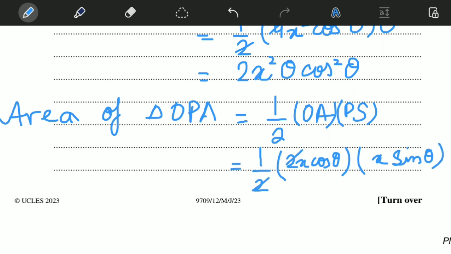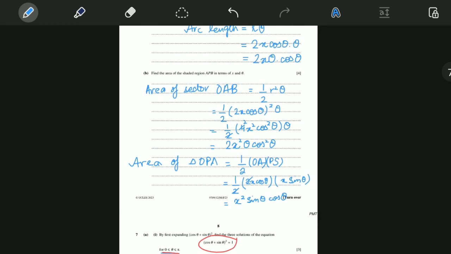So 2 and 2 will be cancelled. You will get x square sine theta cos theta. So we found the area of both.